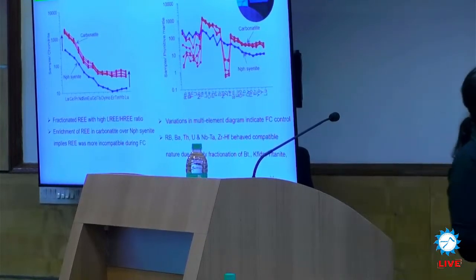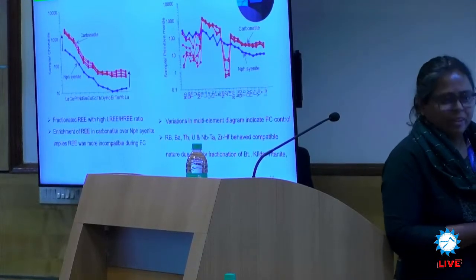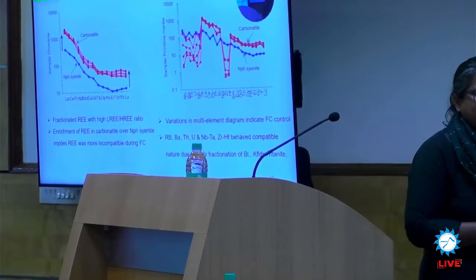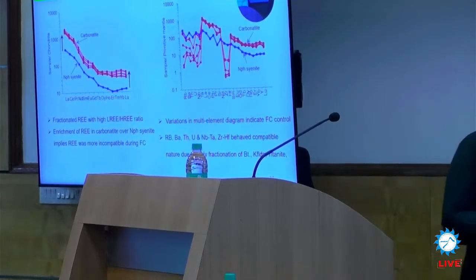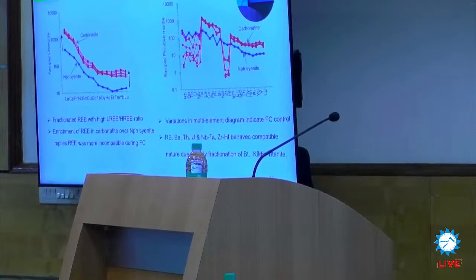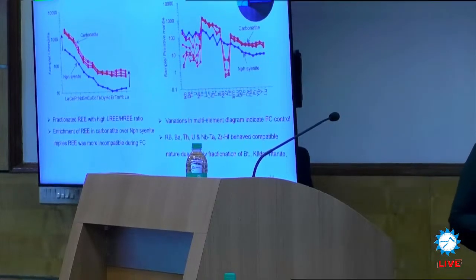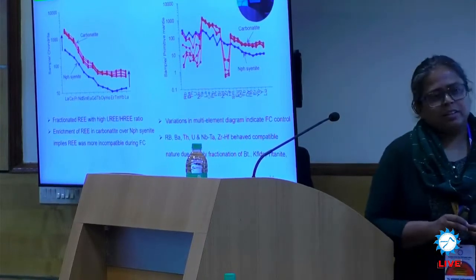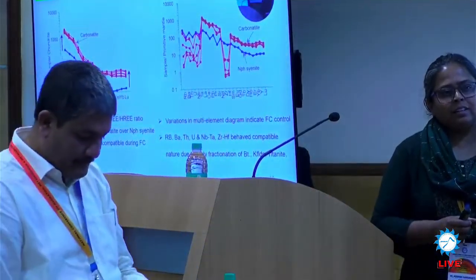That's why the nepheline syenite curve has gone up, and these carbonatites. Yes, sir, that's why I'm saying all the REE are accommodated at the late stage. In my apatite, these carbonatites are carrying apatite, so most probably these REE are accommodated there. The REE have to be there only then.